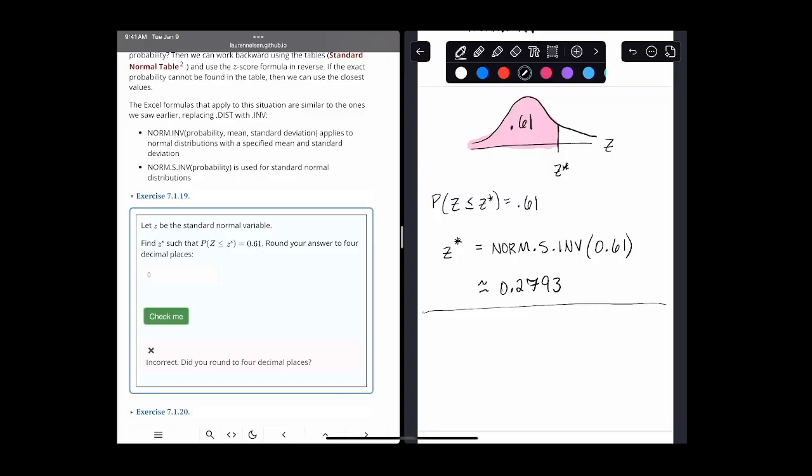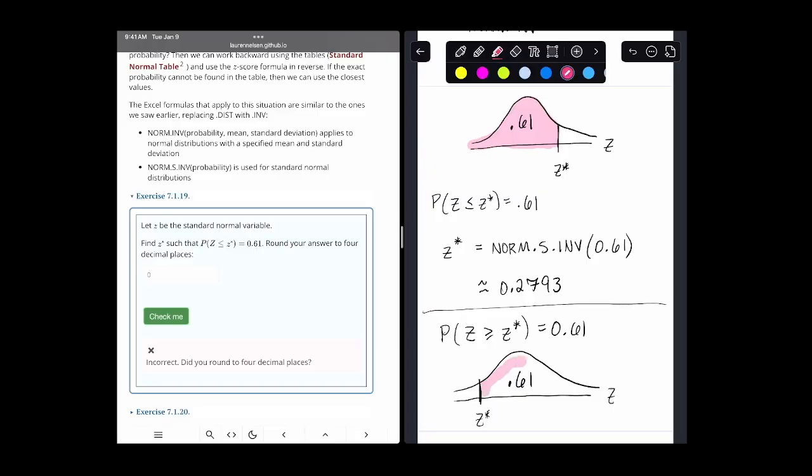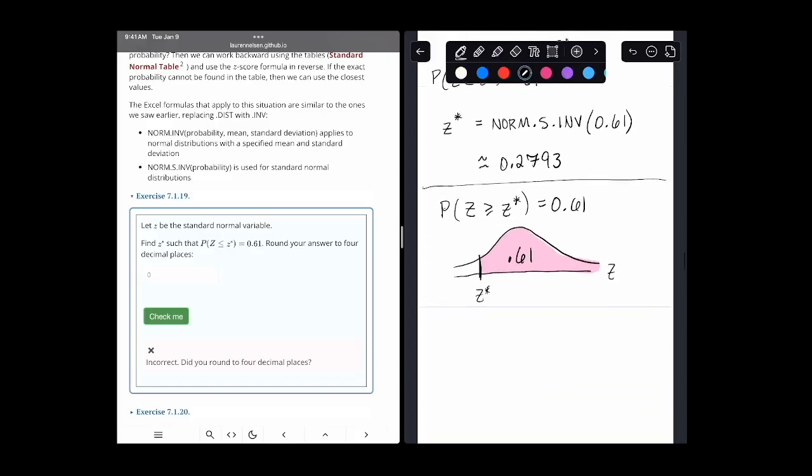Now, before we move to the next problem, I just want to switch this up a little bit. Let's say that what they told us, instead of telling us the area to the left, let's say they told us that the area to the right of our z star, so I'm putting a greater than or equal to, let's say they told us that was 0.61. So that would mean that my z star has to be somewhere over here because the area to the right is 0.61. So they're telling me an area, they're telling me a probability, but they're not telling me the probability to the left.